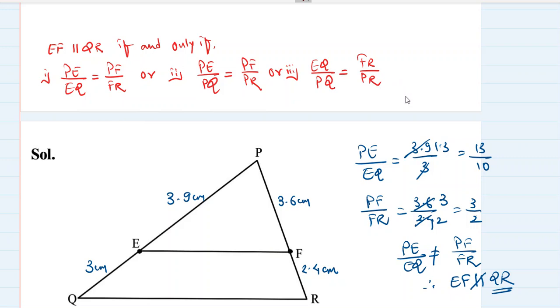Can there be a fourth case? I think if one of these three cases can be proved, then we can say that EF is parallel to QR.